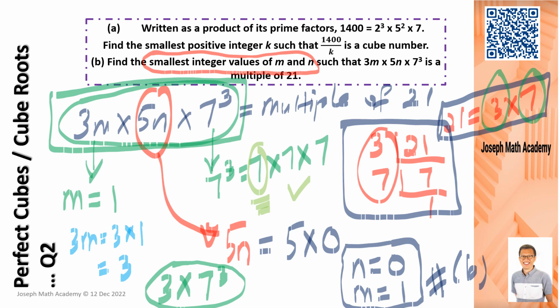So we have already found the algebraic values. The unknown n is 0 in value. The unknown m is 1 in value. So when you substitute m and n, 1 and 0 respectively, into the expression 3^m times 5^n times 7 cubed, the new number is indeed a multiple of 21.